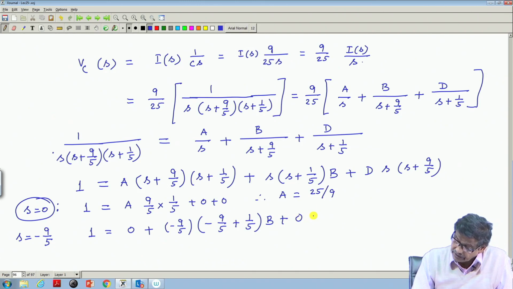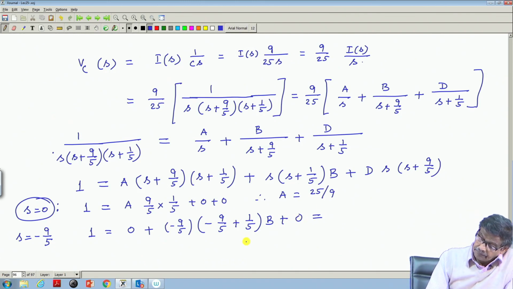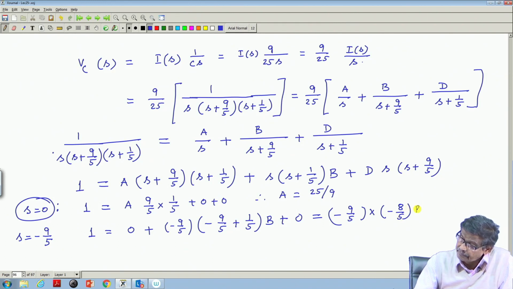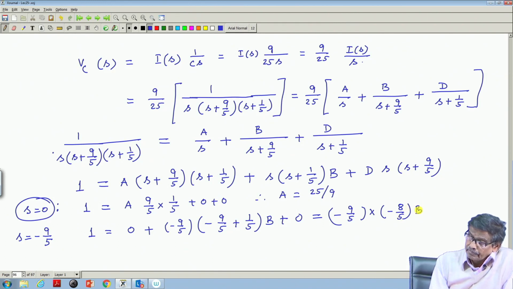So, how much will it become? This will become minus 9 by 5 into minus 8 by 5, and this is equal to B. So, minus 9 by 5 and minus 8 by 5, this into B is equal to 1.